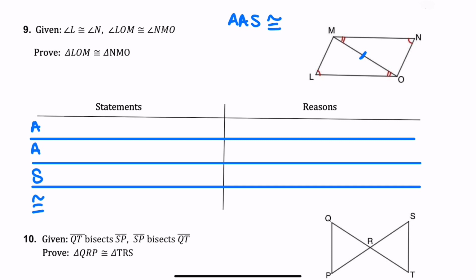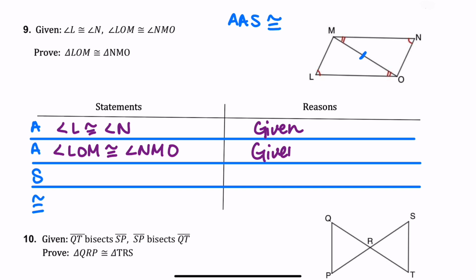So let's start with an angle. We have angle L is congruent to angle N. I also have angle LOM is congruent to angle NMO. And both of those would be given. Now my side is a reflexive line right in between the two triangles.